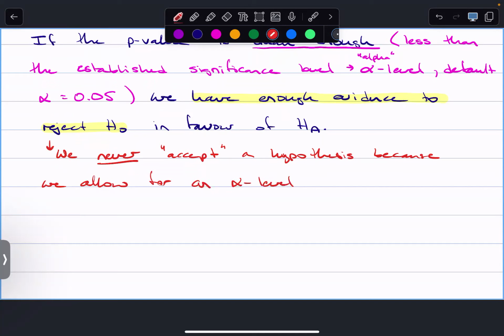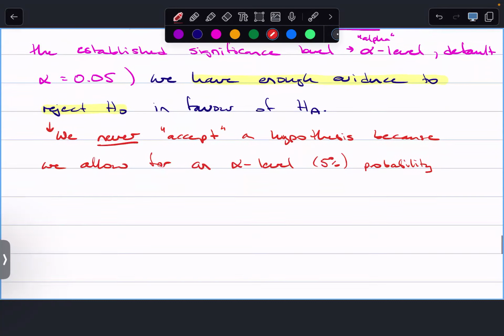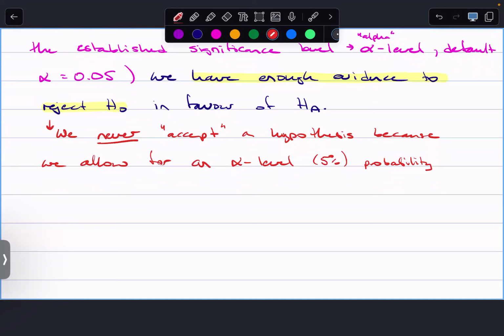Whatever you set your alpha level to, 5% is the default, we're allowing for that probability of being wrong. We're okay with being wrong 5% of the time, and we've established that from the get-go. We've said, yeah, it could happen, but it's unlikely.